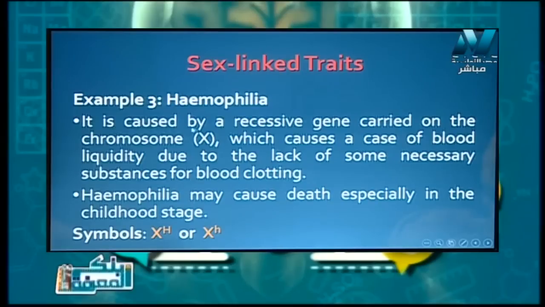It is caused by a recessive gene carried on the X chromosome, which causes a case of blood liquidity due to the lack of some necessary substances for blood clotting. Hemophilia may cause death, especially in the childhood stage. And the symbols that we are going to use are X with H capital, or X with h small.